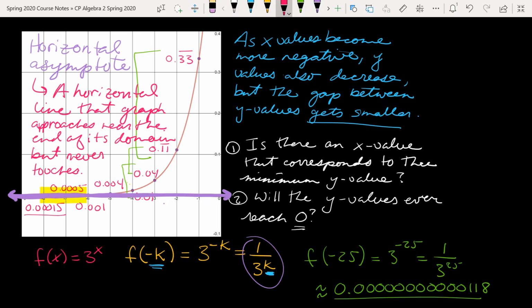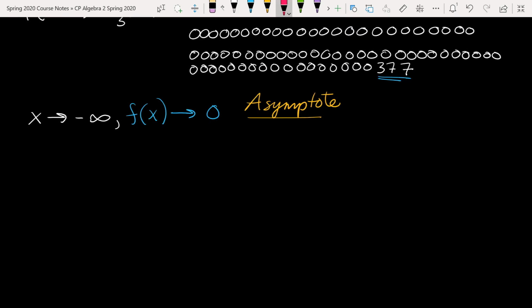But the idea is what happens as our x values are heading out toward negative infinity. So we really only care what's happening way out here. And if it's the case that way out on this part of the domain, the function values are getting very, very close to 0, but not quite getting there, we have a horizontal asymptote. And that asymptote is just this line on the coordinate plane.